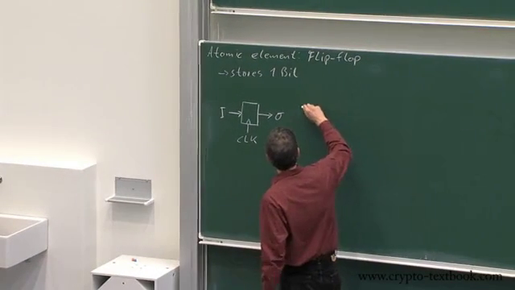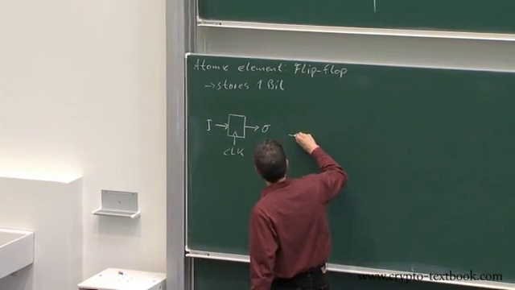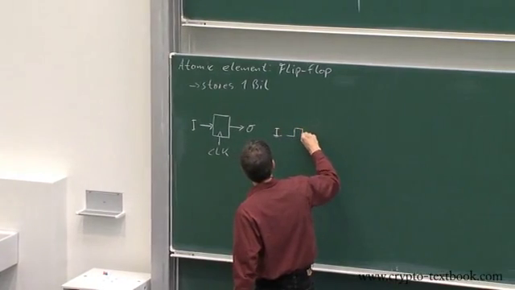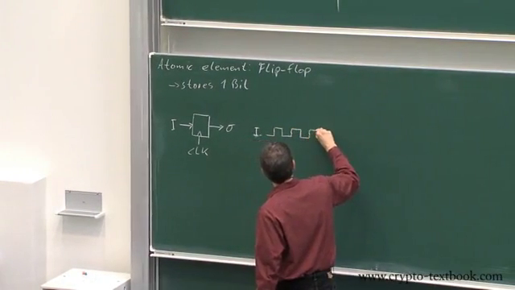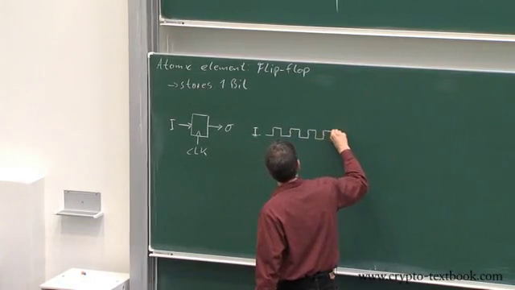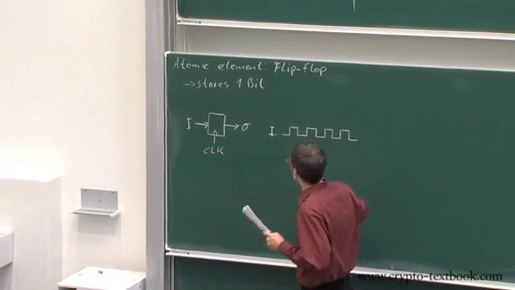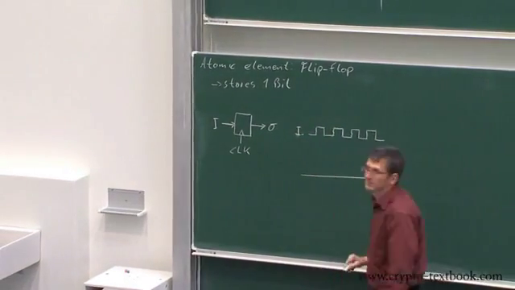Okay, let's say we have a, if this is our input, and let's say the input generates this signal, 0, 1 sequence, okay? This is time here, okay? This is a timeline. Here.